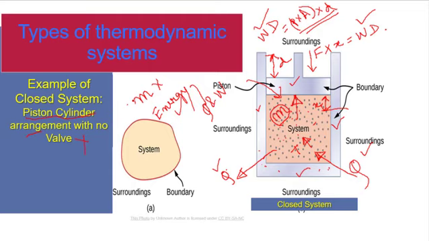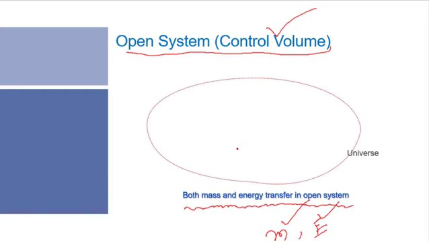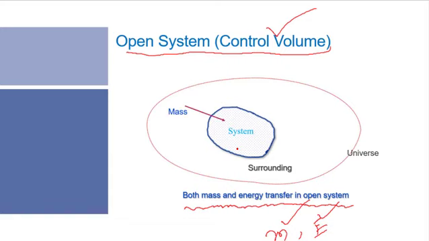Let us take another example, an open system, which is also called the control volume. In an open system, both mass transfer and energy transfer are possible. So this is the universe, this is the system and the surrounding. In this system, mass can enter into the system, mass can go out of the system.